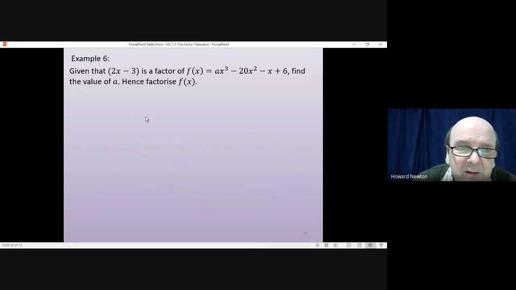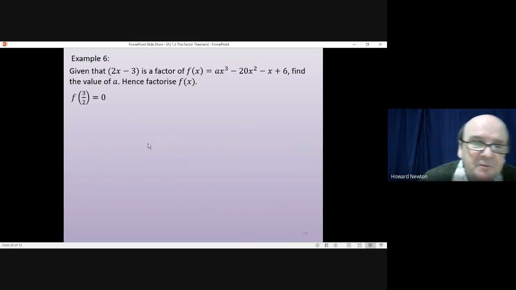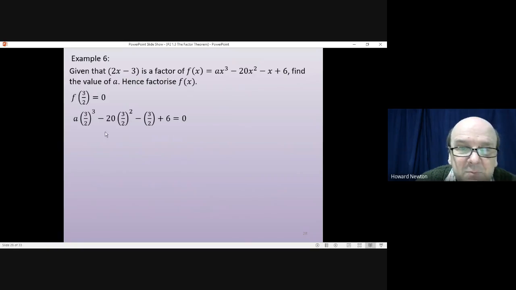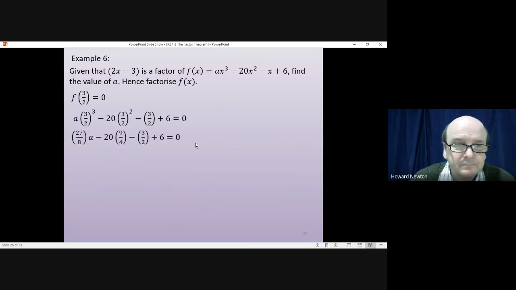Okay, let's have a look. So we're putting 3 over 2 into the function because x equals 3 over 2 will make this bracket equal to 0. And we know that the answer should be 0 when we do that. So a times 3 over 2 cubed minus 20 times 3 over 2 squared minus 3 over 2 plus 6 has to equal 0 for the answer. When I cube this bracket and square this bracket, that's what I'll get.